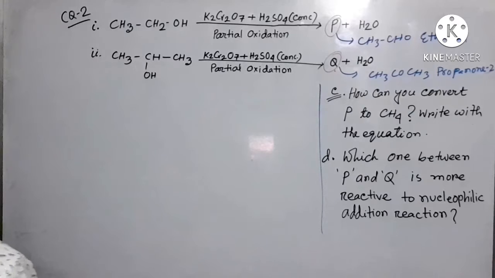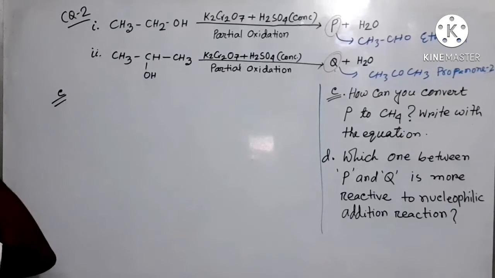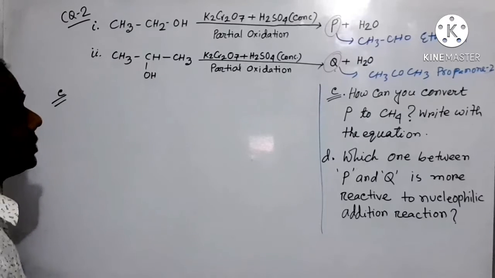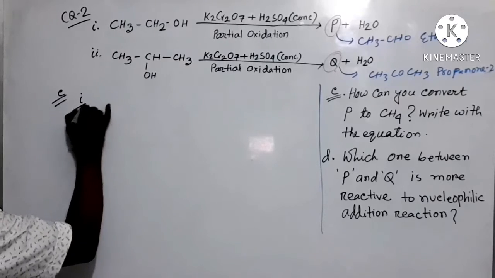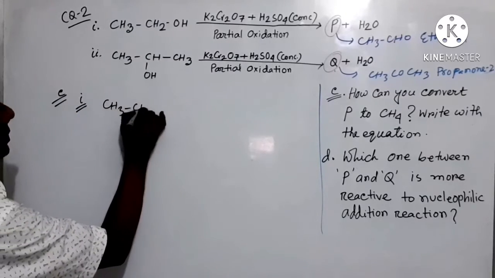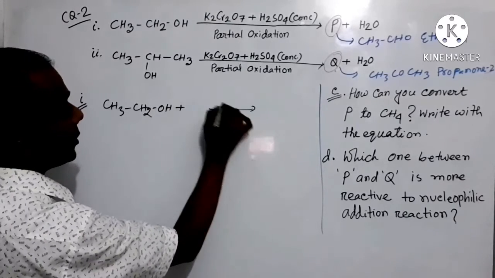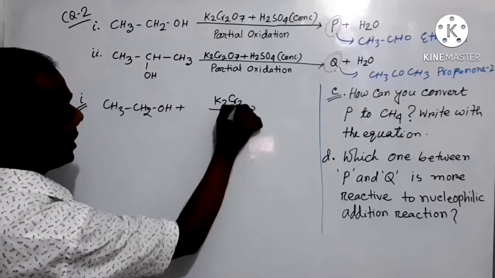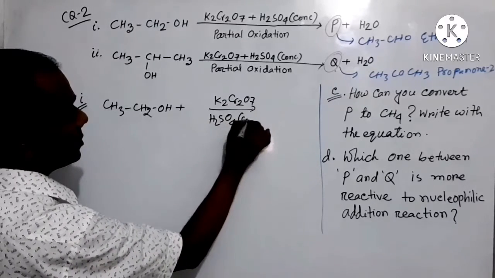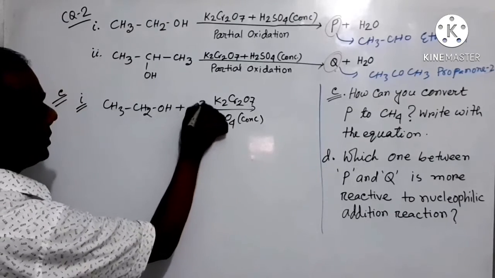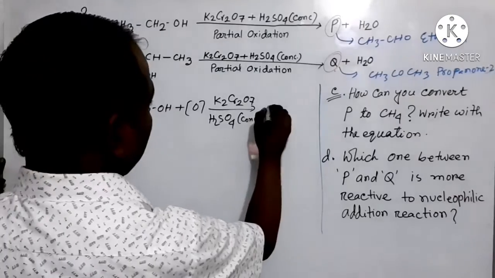Here we answer question C. In our first reaction, CH3CH2OH reacts with potassium dichromate, K2Cr2O7, and concentrated H2SO4, with nascent oxygen, and we get ethanal, CH3CHO.